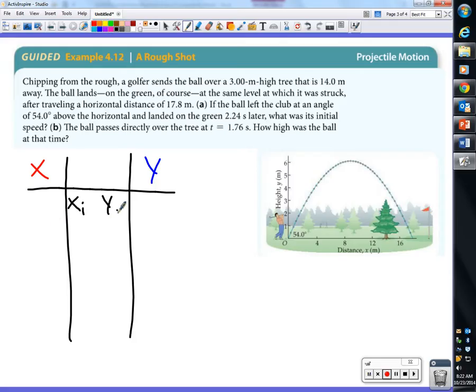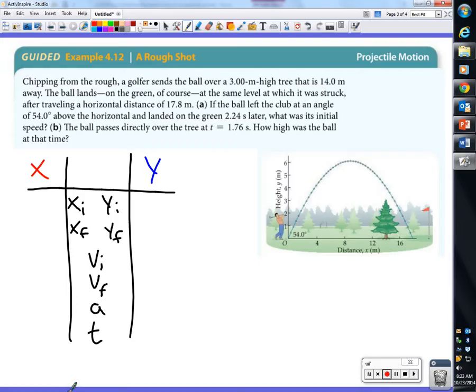Where did it start on both the x-axis and the y-axis? Where did it end on the x-axis and the y-axis? Positions, right? What was the initial velocity? What was the final velocity? Acceleration and time. So start with the same chart that we've done up until this point. Okay? Now, though, let's start making some adjustments.